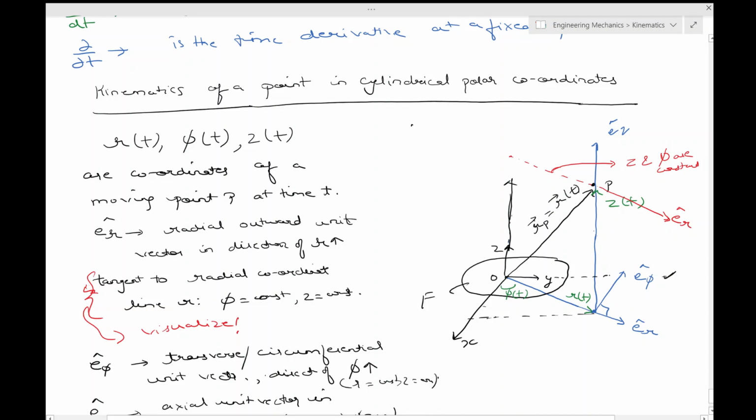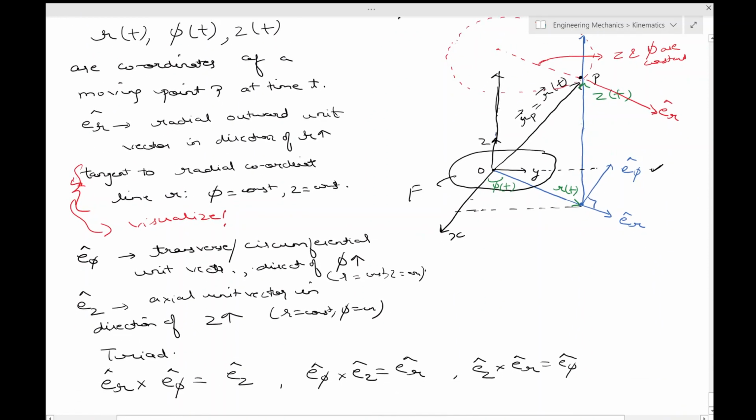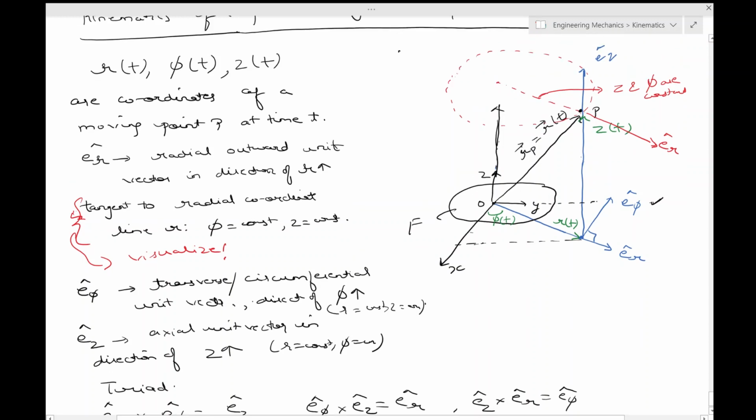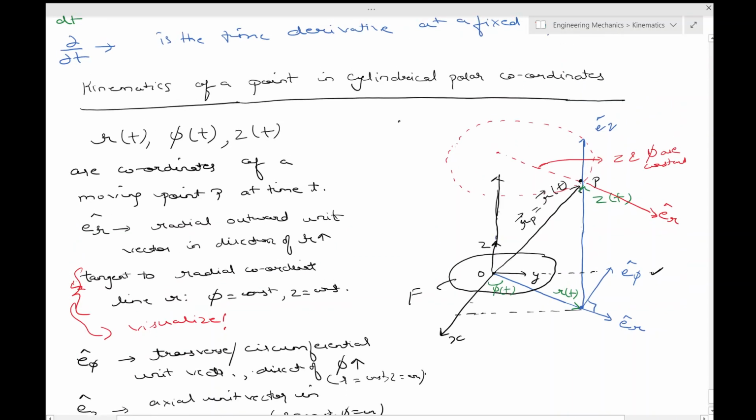Now similarly, let's take up the last one, which is this EZ. In this one, the r and phi are constant, so this would be the direction.